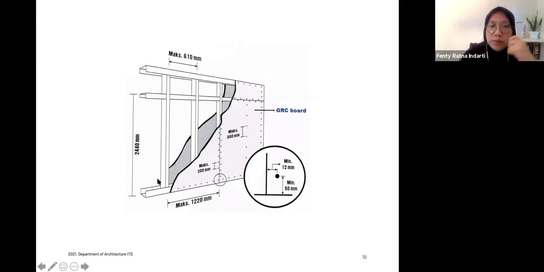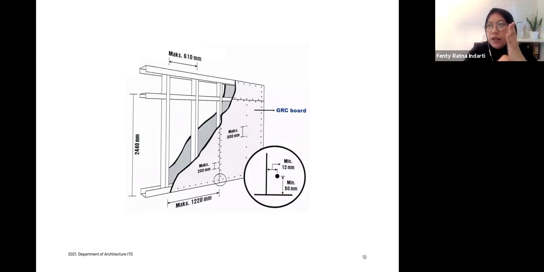Another type of wall I mentioned in the previous slide is partitions. It is a lightweight partition, usually made from GRC board. This is the flexible one, instead of walls created from brick, because basically all the materials used here are very lightweight. I don't know whether you have experienced this before, but you can identify this type of wall by knocking on it.